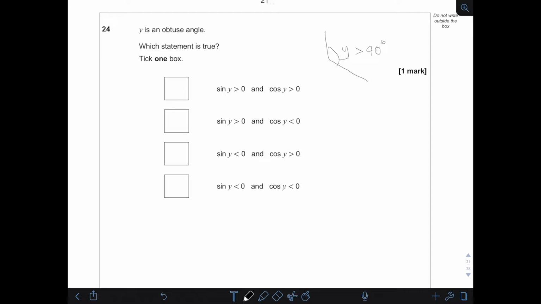Which of these statements are true? So we're going to have to try to understand this graphically.